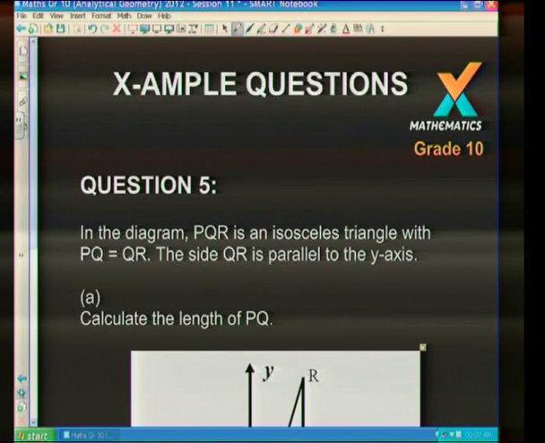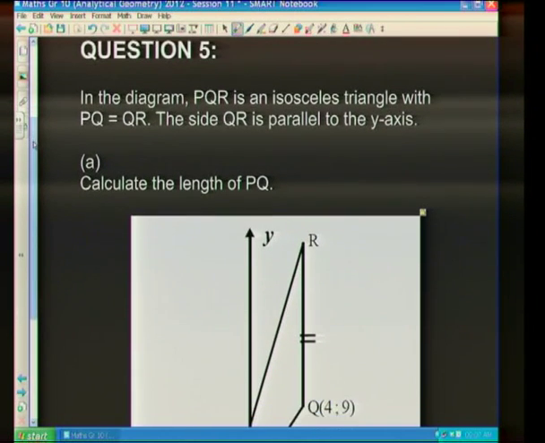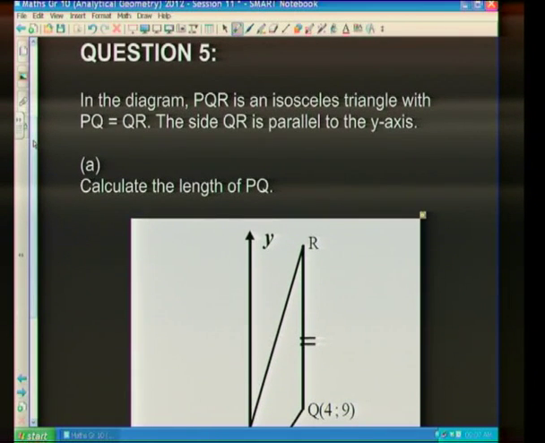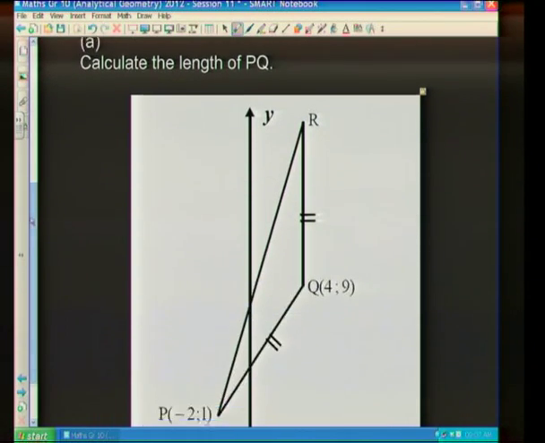Right, let's have a look at our next question. This question doesn't particularly deal with parallel lines, but there are some interesting facts in it. Right, in the diagram, PQR is an isosceles triangle. Now, maybe a good time to talk about the properties of triangles.